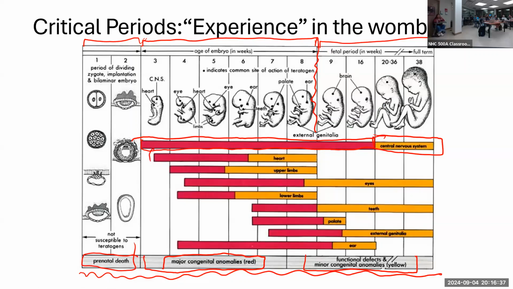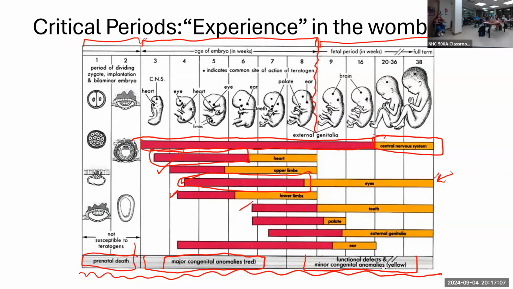The heart, you can see development taking place here. Serious anomalies if the woman is exposed to a teratogen. Upper limbs and lower limbs developing during this time. Eye development here. Maybe you noticed, and all the way till the end for eye development, maybe you've noticed that babies born prematurely, those children often wear glasses. That's because the eyes weren't fully developed when the baby was born.